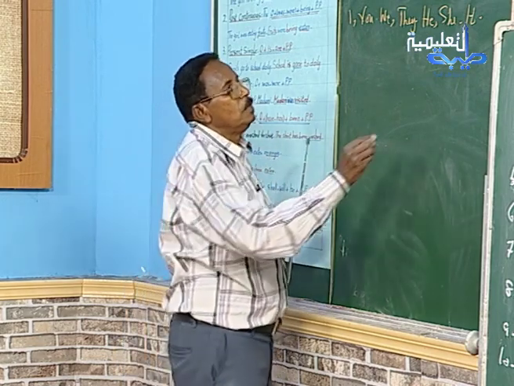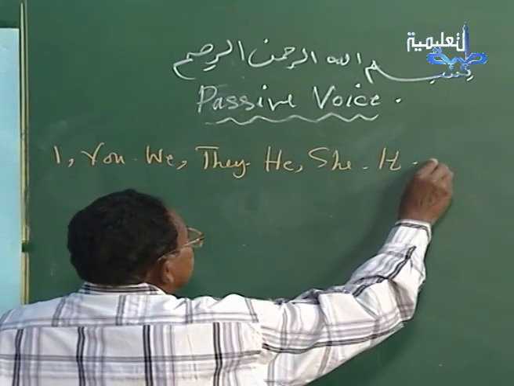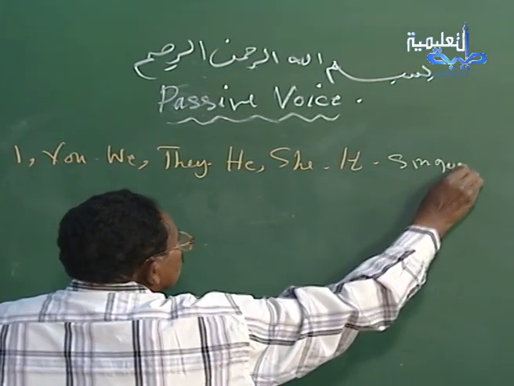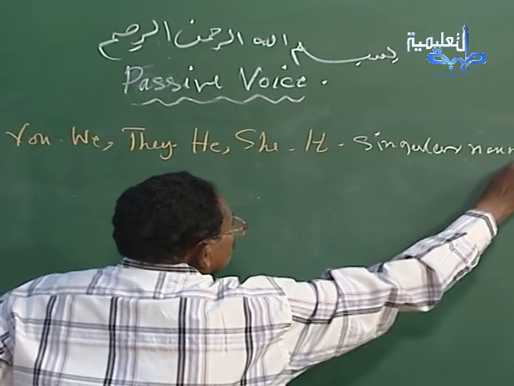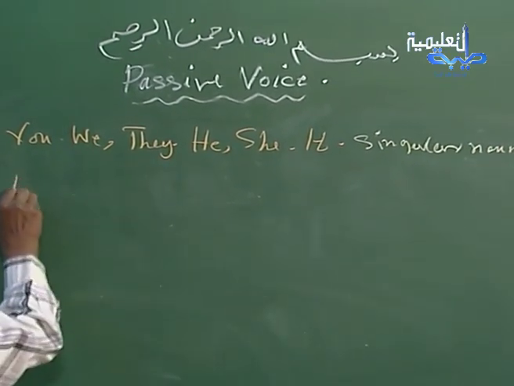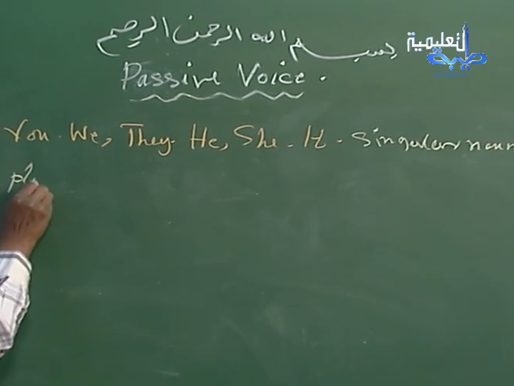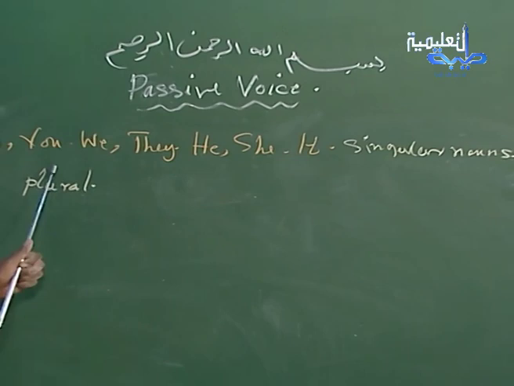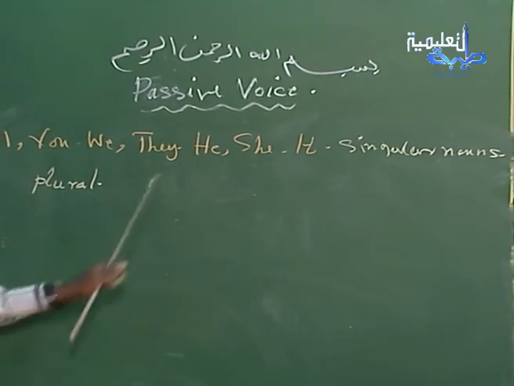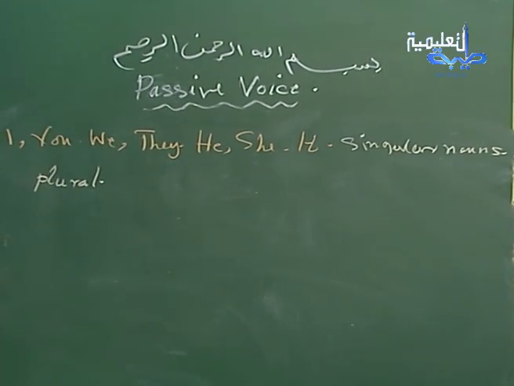For example, also singular nouns or the plurals. If the sentence hasn't one of these, it means that this is a passive voice.